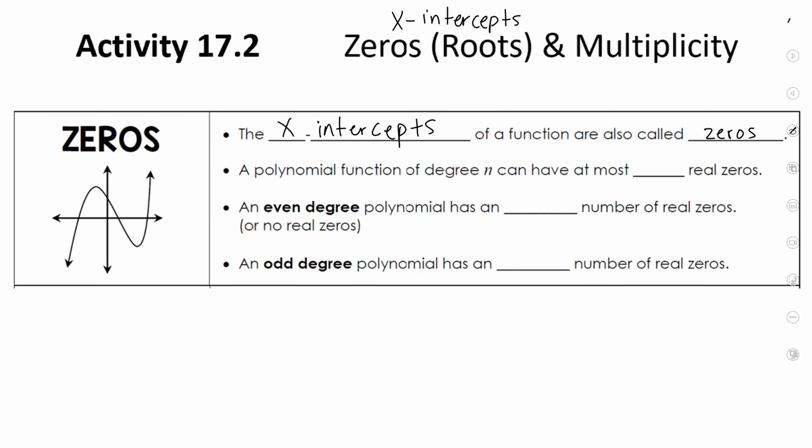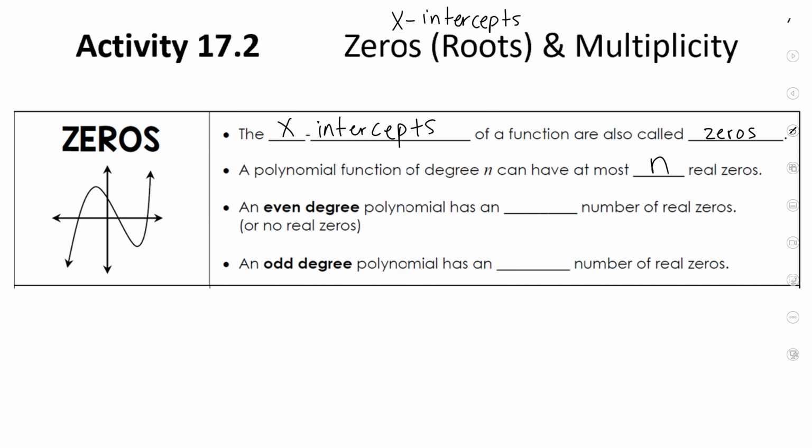A polynomial function of degree n can have at most n real zeros. So for example, if you have a polynomial like x to the fifth plus 4x squared and so on, how many real zeros can you have at most? 5. This is a degree 5 polynomial.